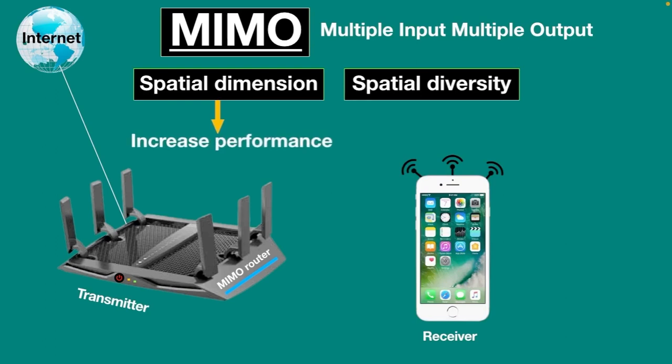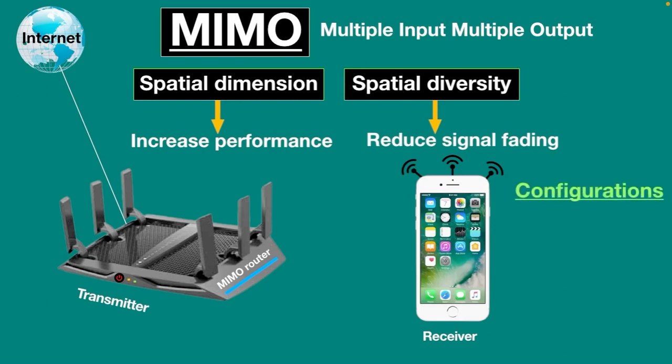Spatial dimension is used to increase performance and range, while spatial diversity is used to reduce signal fading by sending multiple copies of the same signal through multiple antennas. In plain English, it means creating additional copies of the data so that bits and pieces of the scattered information can be picked up to reconstruct the original signal.